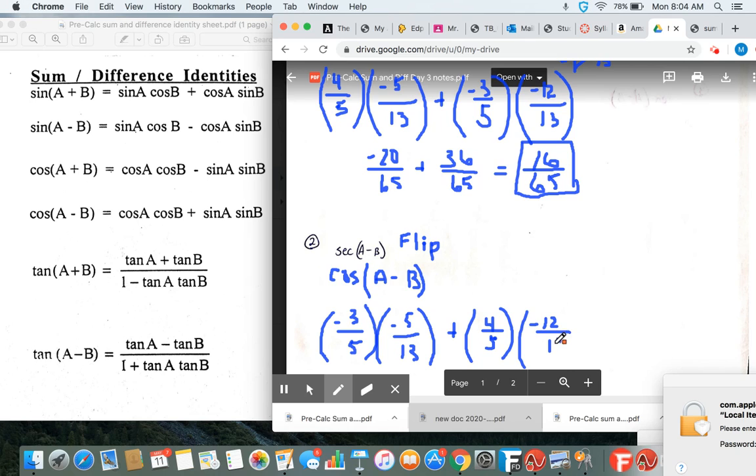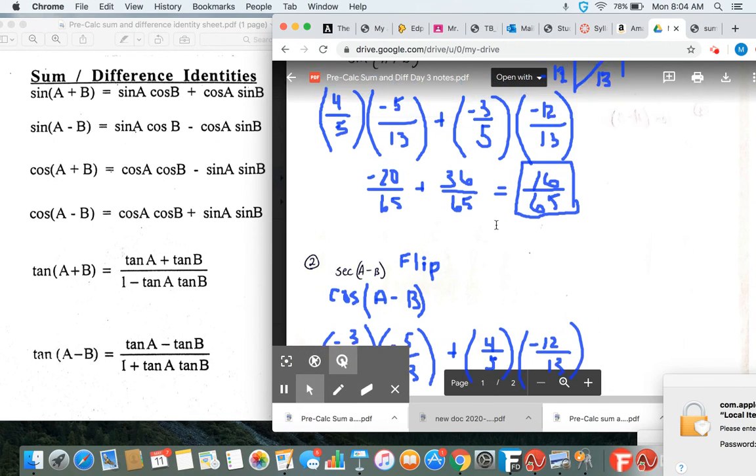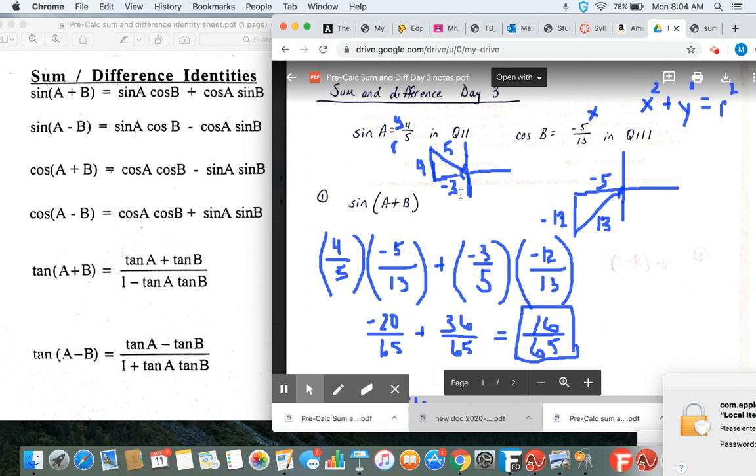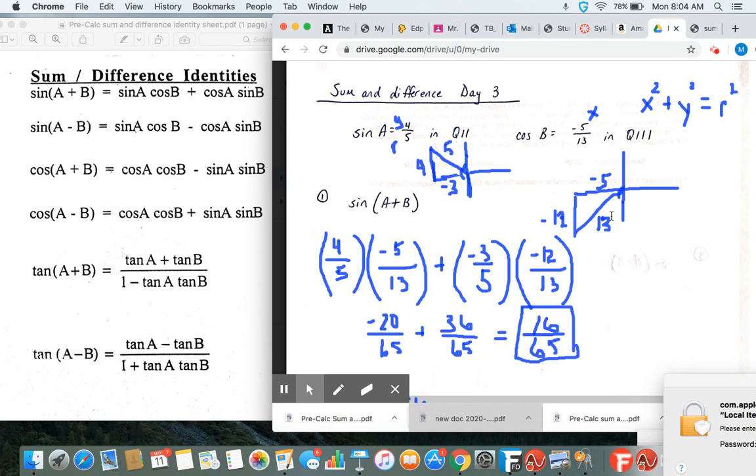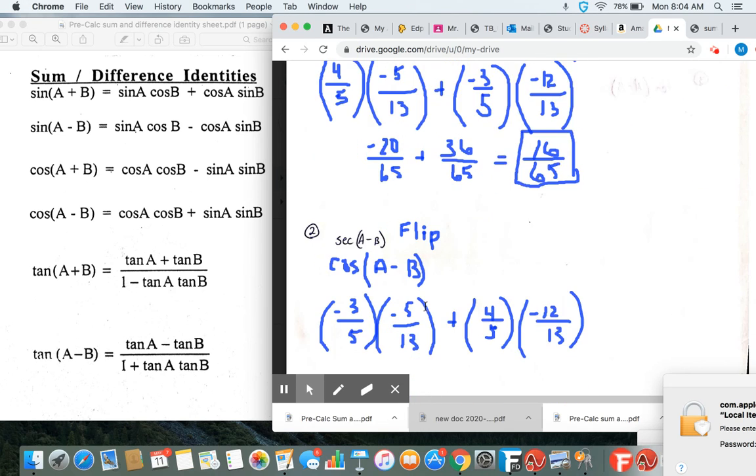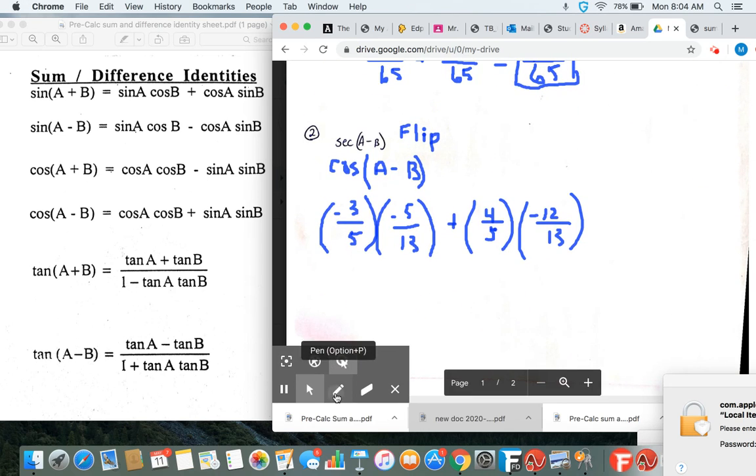Right, so we've already kind of identified these in our last problem, but like I said, we got these numbers from the triangles. We looked at cosine and sine of this one, and same thing, cosine and sine of angle B. All right, 2 negatives here. I got 15/65 minus 48/65.